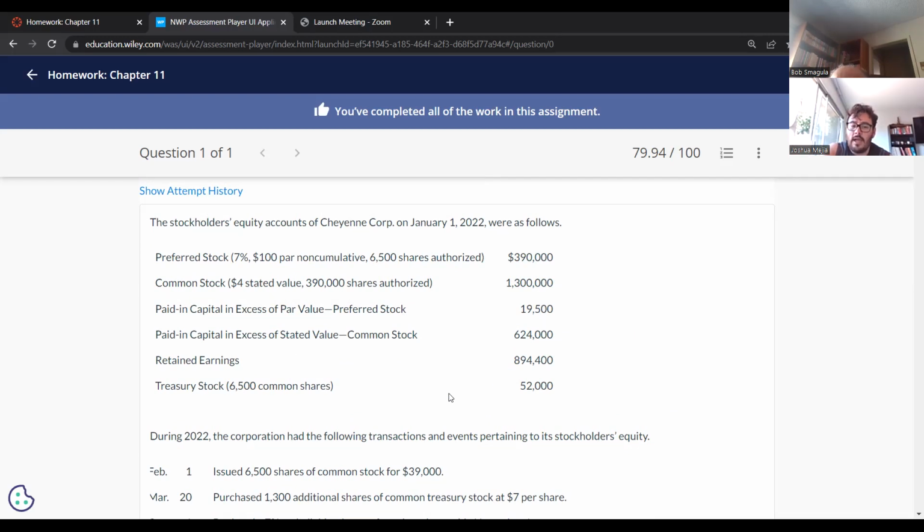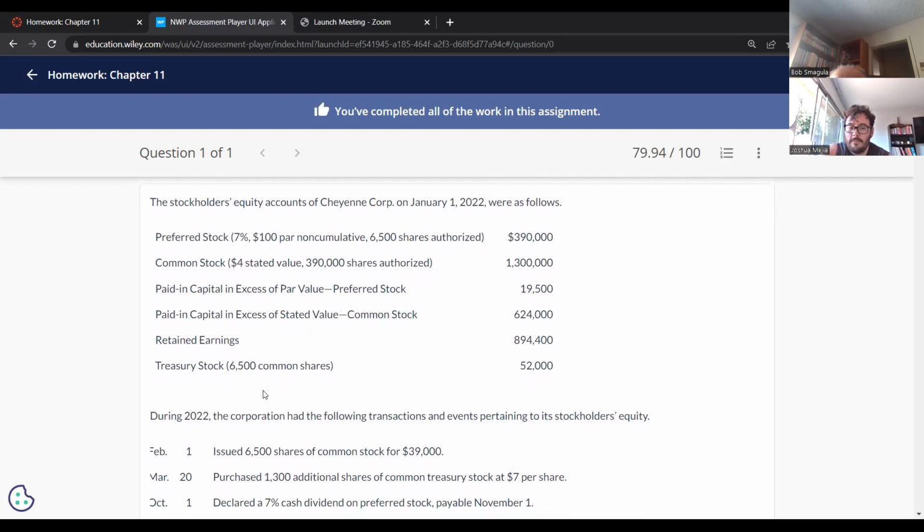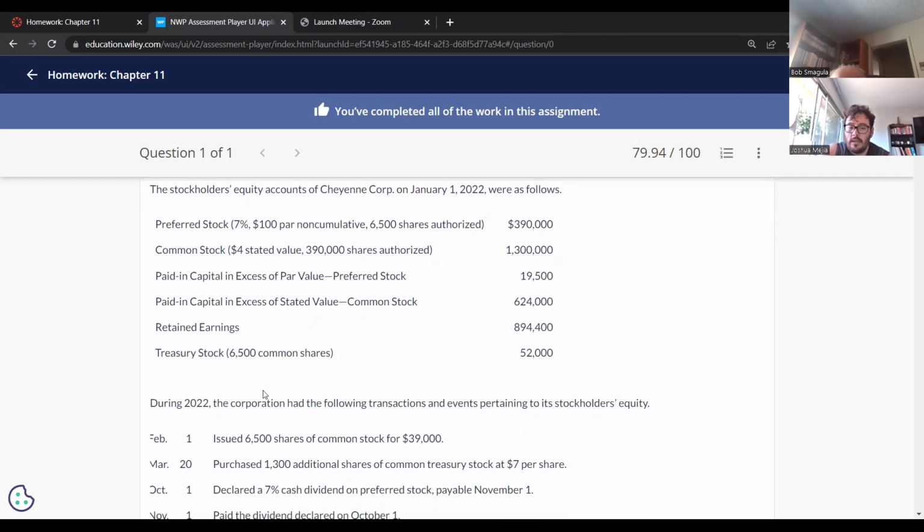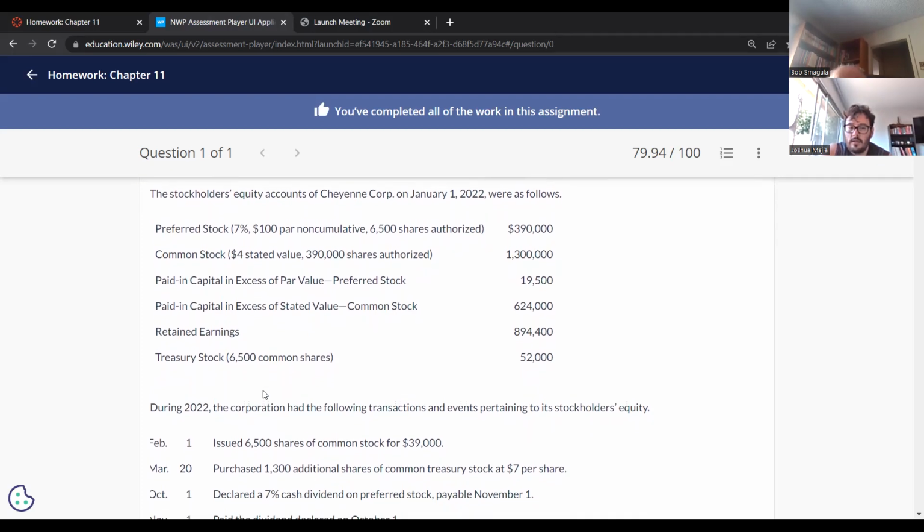And on top of that, from the 390,000 authorized, there was 65,000 of those in their treasury stock. Yes, that's how I understood it. Okay, I see it now. So they had treasury stock of 6,500 shares, and then they bought 1,300 more. Okay, now it's starting to make sense.